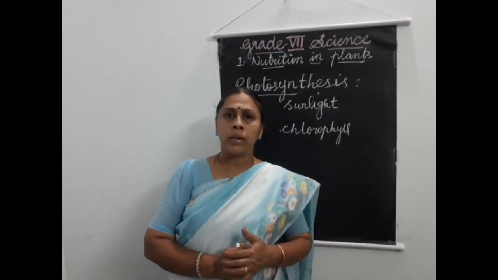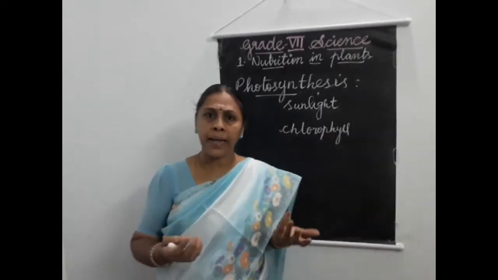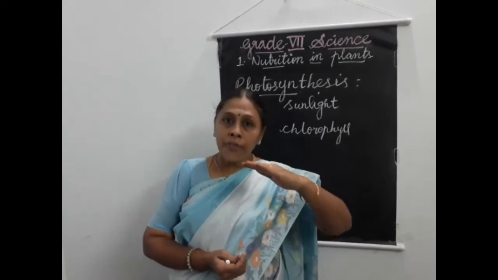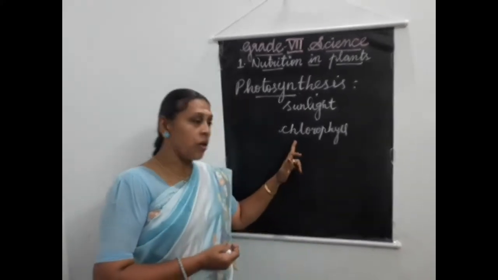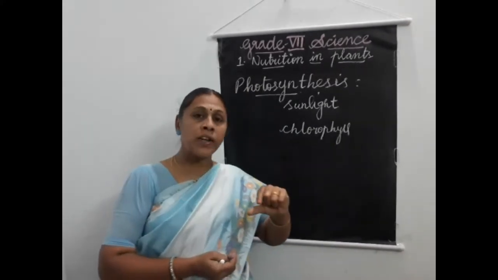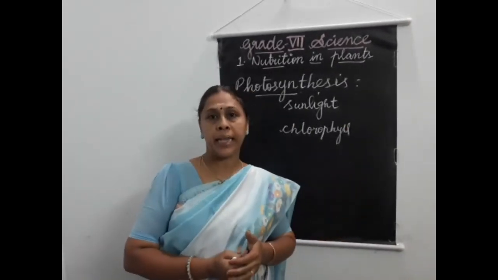So you may ask, other parts like stem and branch, can't they prepare the food? The green color of the plant is because of the presence of the green pigment called chlorophyll. So wherever the chlorophyll is present, whether it is in the branches or stem, they also can prepare their food.